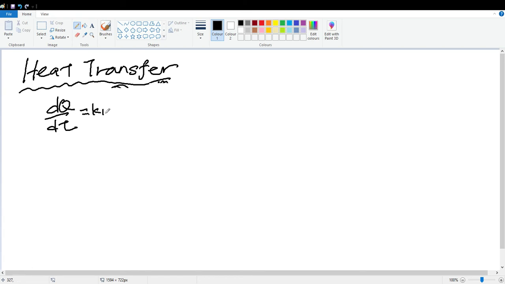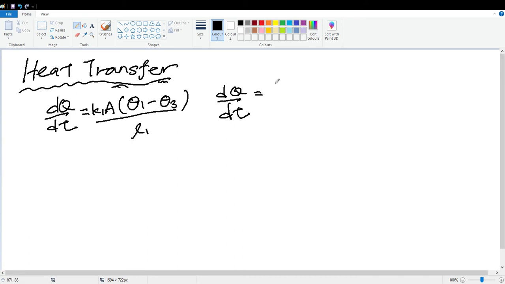So K1 is actually A theta 1 minus theta 3 over L1, and dq over dt is equal to K2A theta 3 minus theta 2 over L2. So what if I derive the difference in temperature?